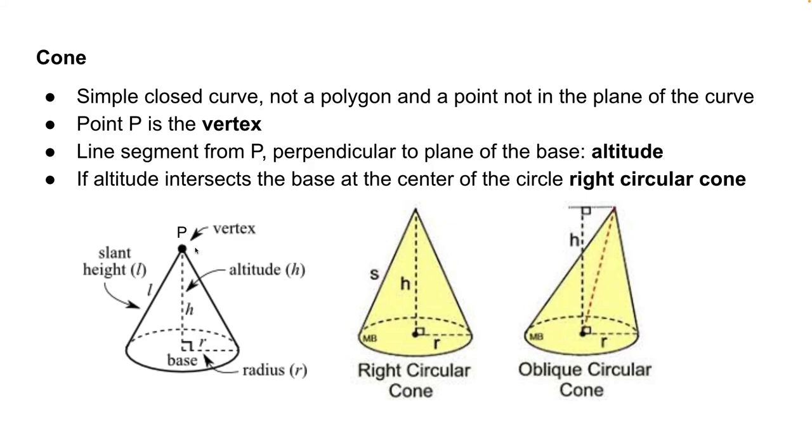And the altitude is the height, going directly down to form a 90-degree angle. If we drop a weight down and it lands on the center of the circle, it will be a right circular cone. If it doesn't, so you drop it and it doesn't fall in the middle of the circle, then it will be an oblique cone. It makes sense, right?